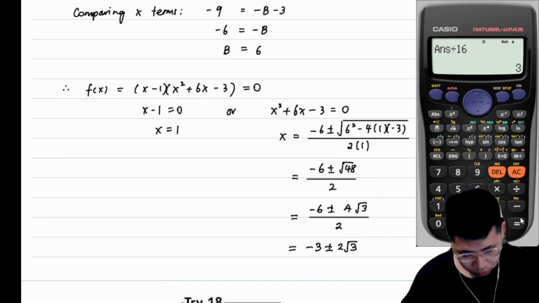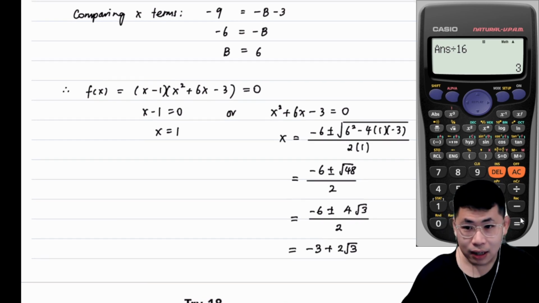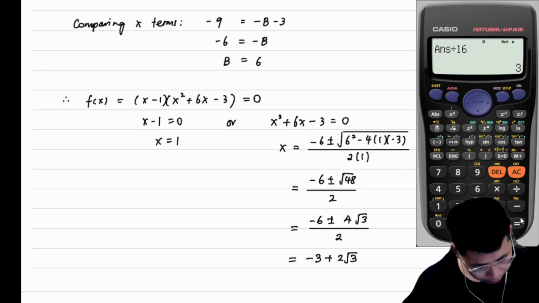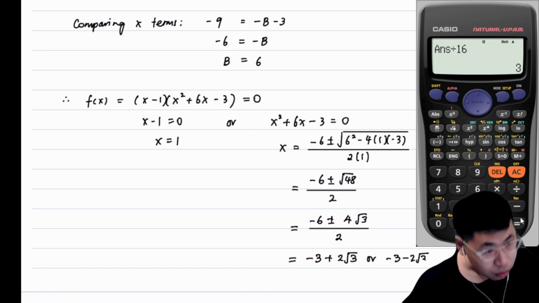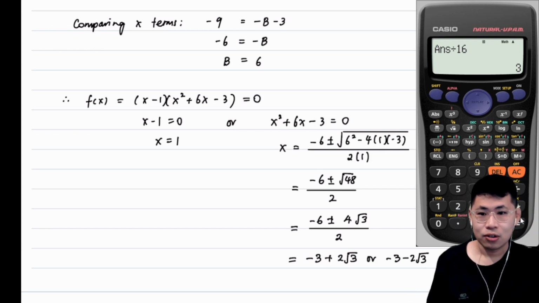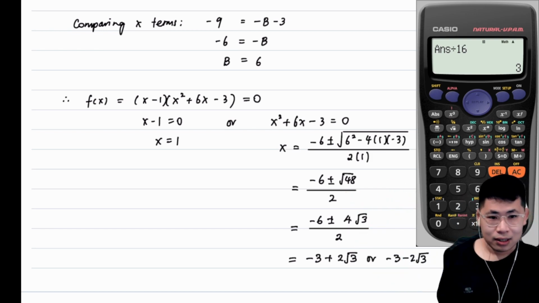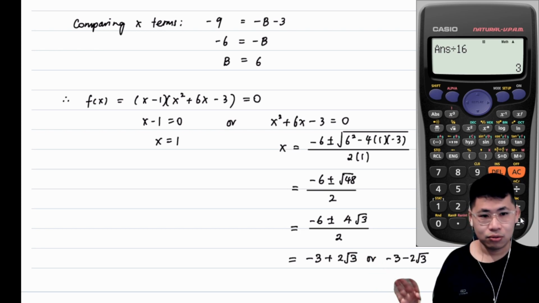So if we want to write it out fully, we can do something like this. So x equals 1, or negative 3 plus 2 root 3, or negative 3 minus 2 root 3. So first root 1, second root over here, third root over here.